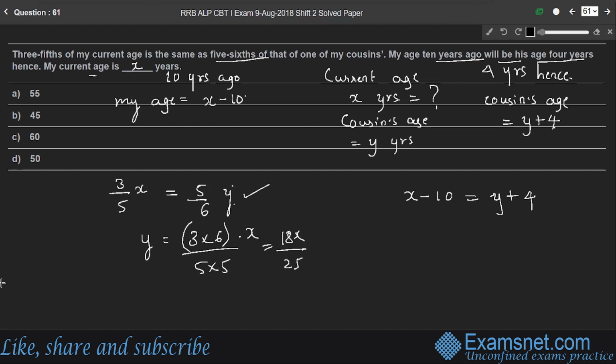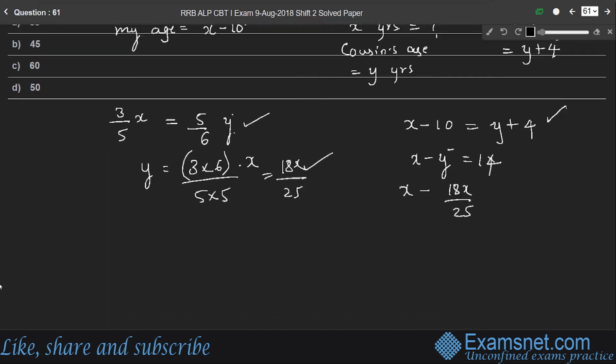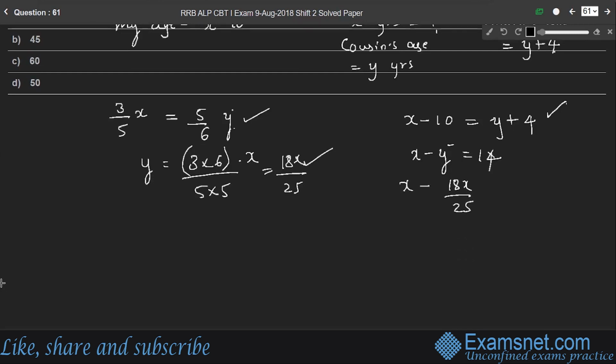Coming to the equation X minus 10 is equal to Y plus 4, here X minus Y can be written as 14. Since finally we are going to find the value of X, it is better to express the other unknown, Y, in terms of X.